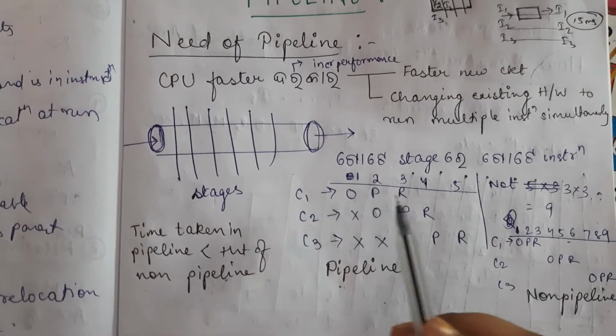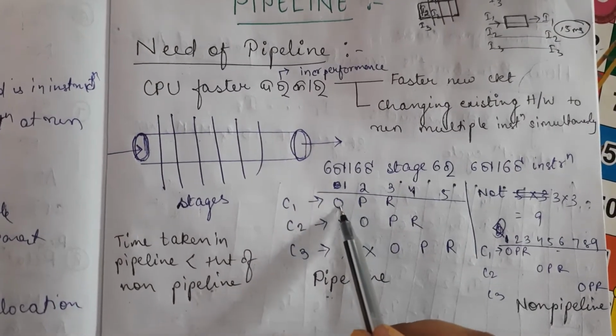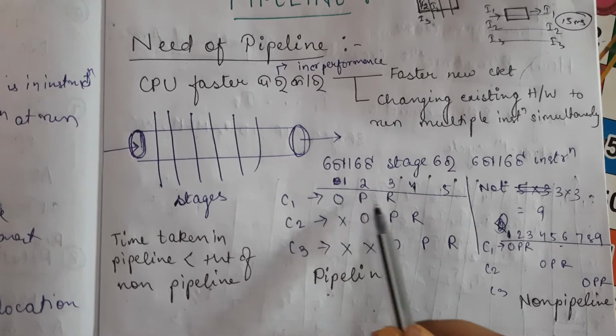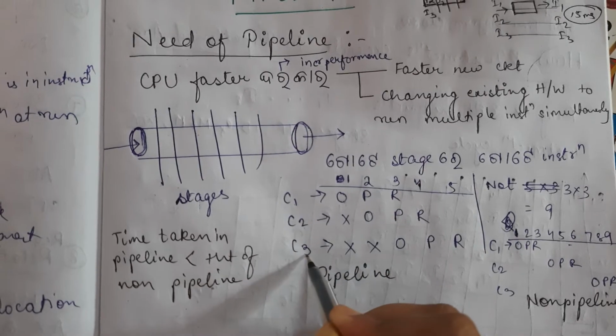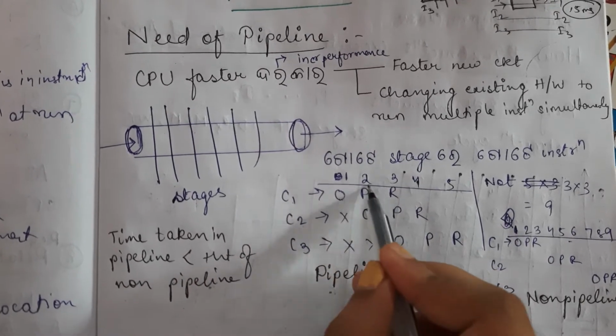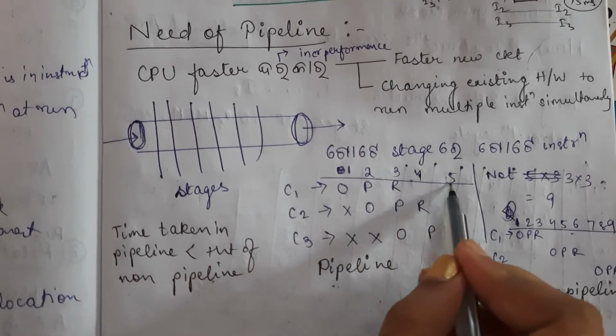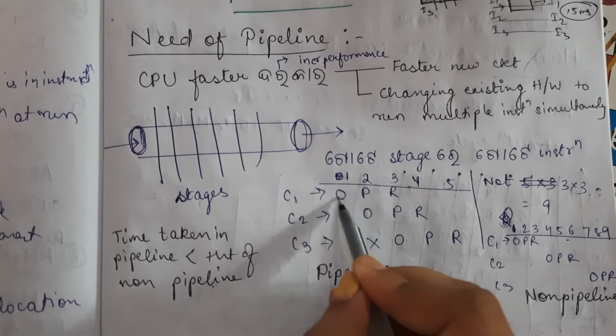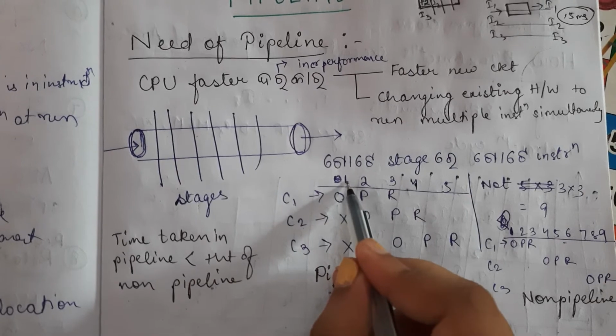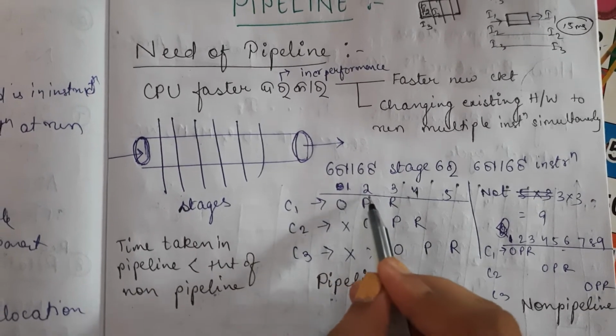We have taken an example that we have three stages O, P and R, and we have three instructions C1, C2, C3. So these are the clock pulses. C1 will execute in stage O in the first clock pulse.